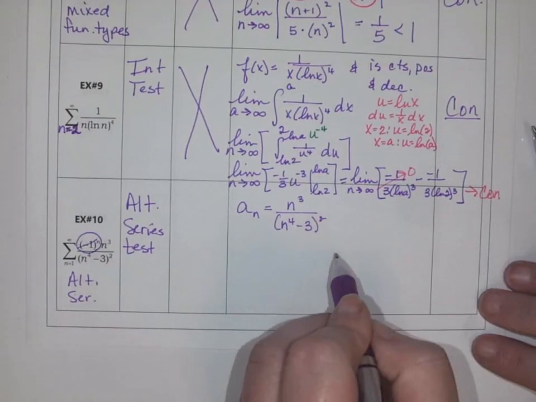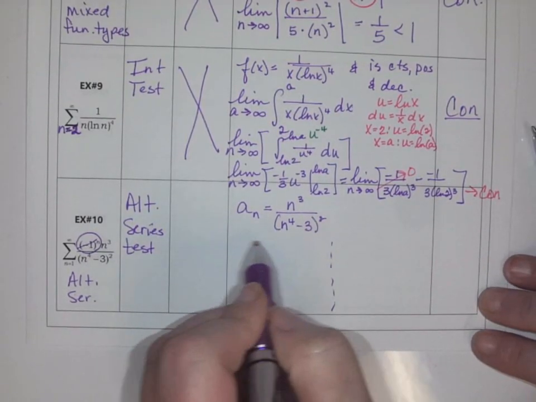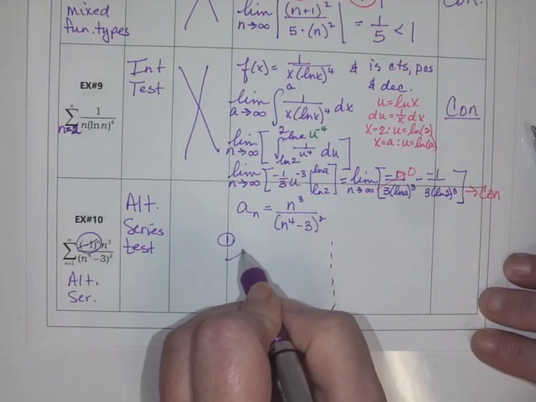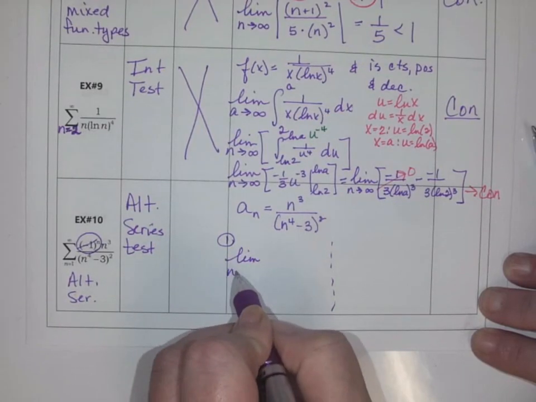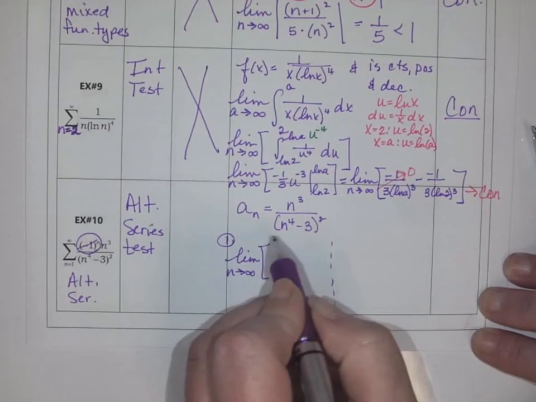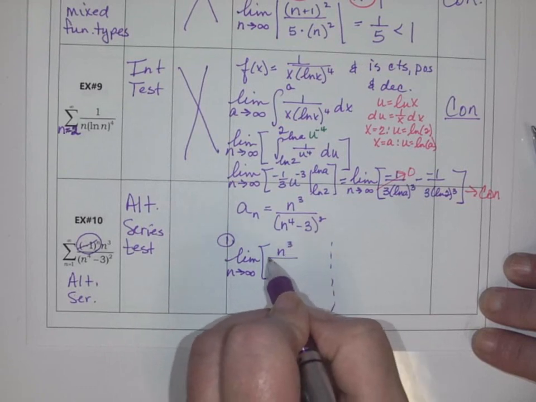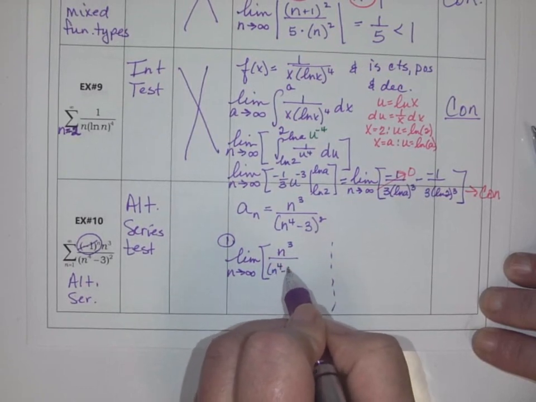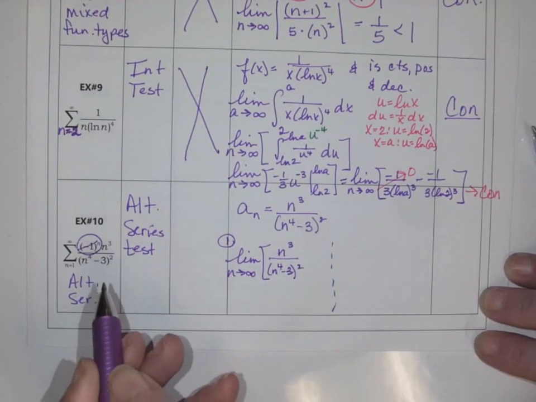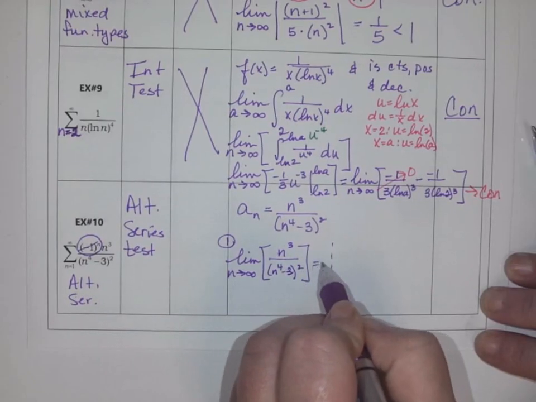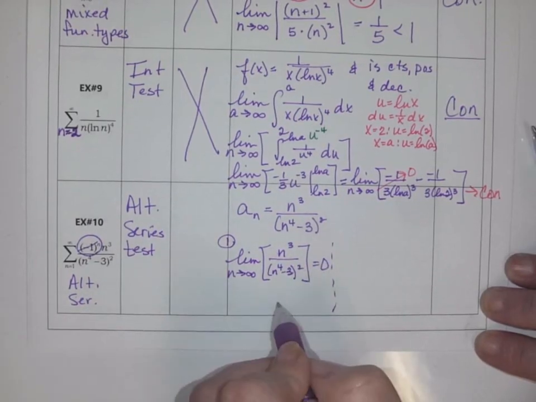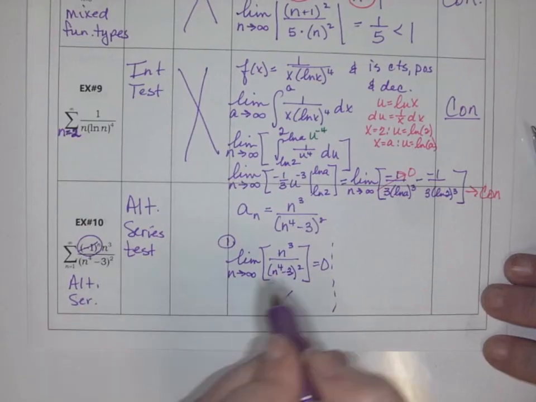Okay, so two conditions with the alternating series test. So the first one is the limit as n goes to infinity of n cubed over n to the fourth minus 3 squared. So that would be equal to 0. It's bottom heavy, so the first condition is met.